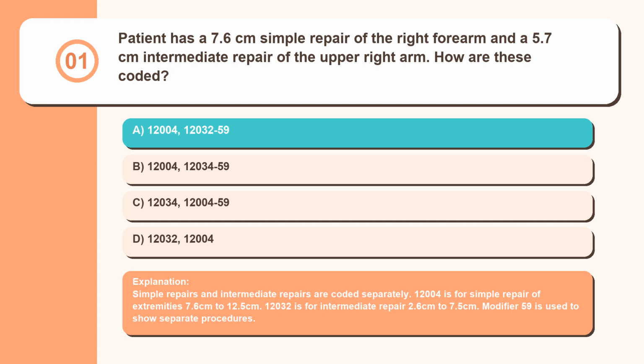Simple repairs and intermediate repairs are coded separately. 12004 is for simple repair of extremities 7.6 cm to 12.5 cm. 12032 is for intermediate repair 2.6 cm to 7.5 cm. Modifier 59 is used to show separate procedures.